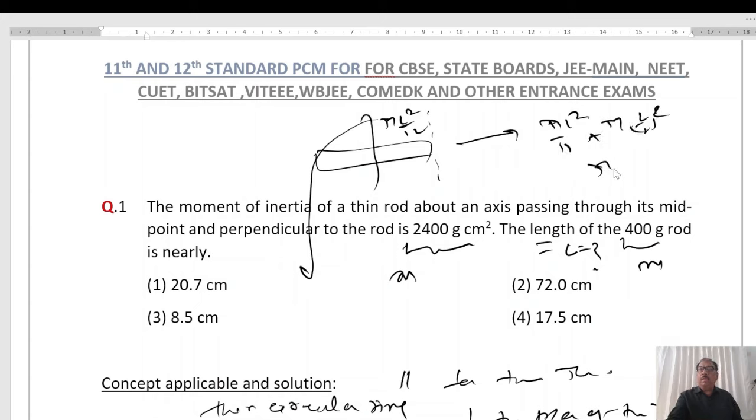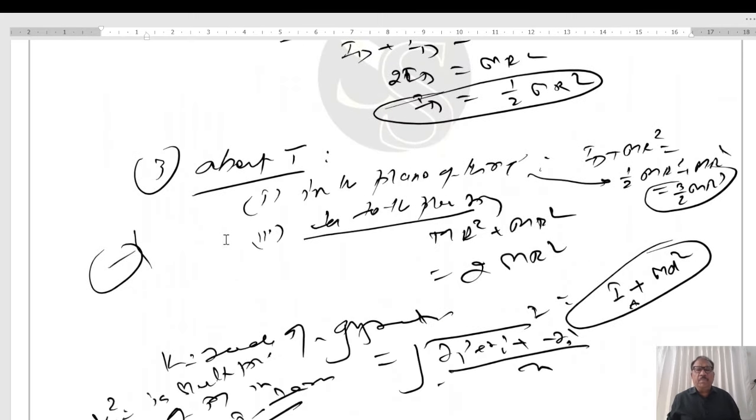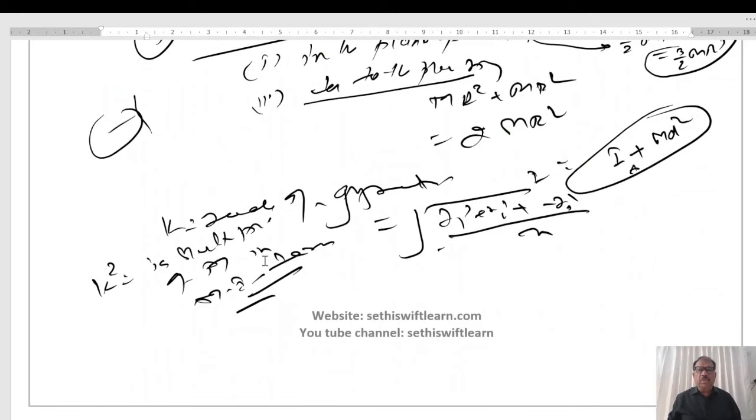This comes out to be ml square by 3. In this case, only this formula is applicable. Correct answer is 3. Put the values and find the answer. I have given additional information surrounding this question, which is very useful specifically for NEET exams, CUET, and other entrance examinations. Right? Next question.